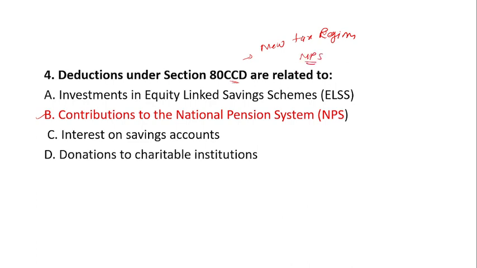So what is the maximum limit? The maximum limit is 1,50,000, and additionally under 80CCD(1B) you will get an additional 50,000 of deduction. So the total amount is up to 2 lakh that you will get as a deduction under section 80CCD.